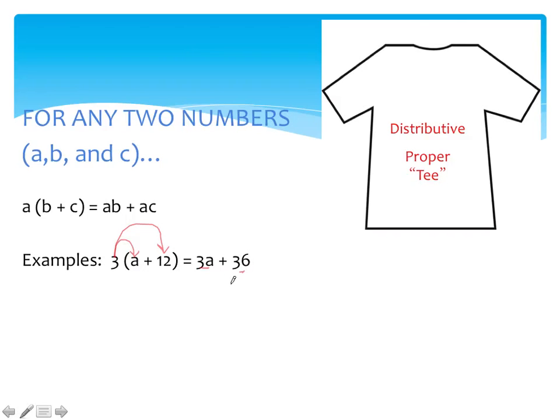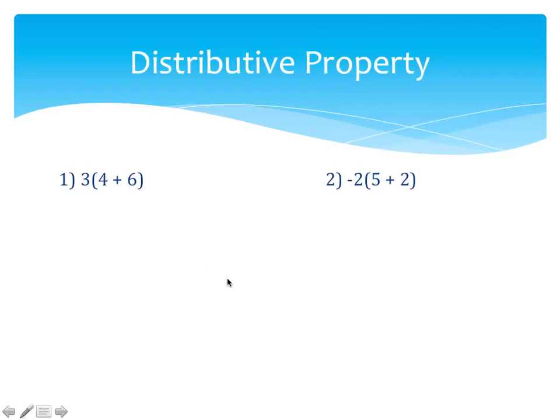Let's do a few more. Again, we're passing out by multiplying the number outside the parentheses to the numbers inside the parentheses. I'm going to have you add a few more on this slide. So we'll do a couple and then we'll talk about a couple more. For example, we have 3 times the sum of 4 plus 6. If I were to simplify this using the distributive property, that means I want to get rid of these parentheses.